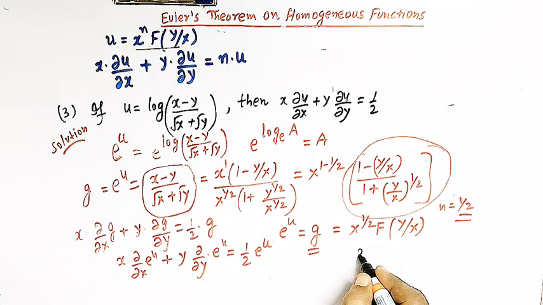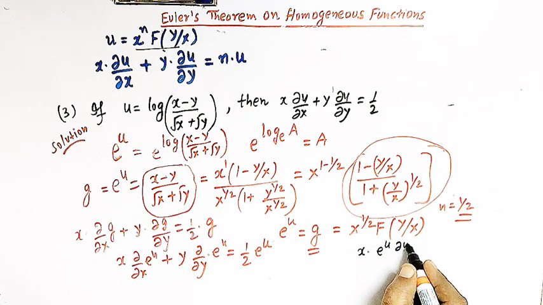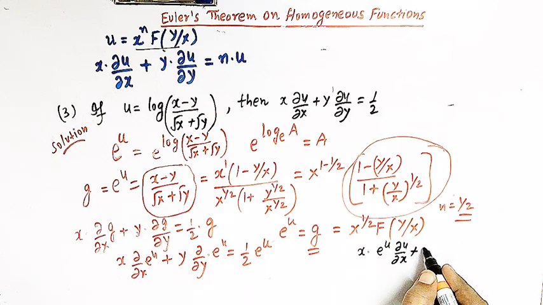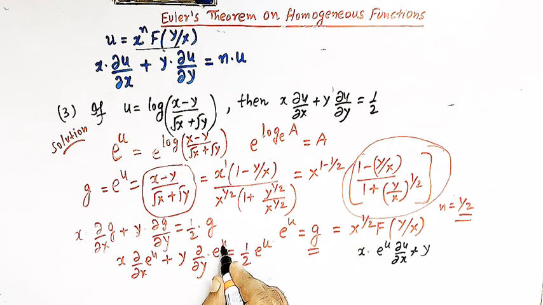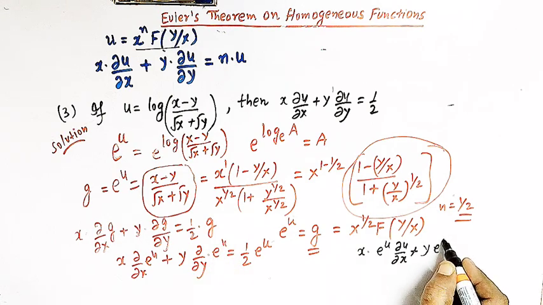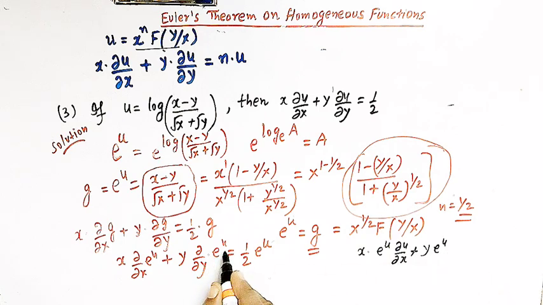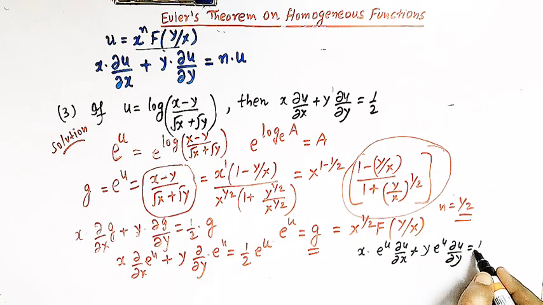We can now write x e raised to u, and then by chain rule we have del u over del x, and here similar is the case with this term. First we differentiate e raised to u with respect to u, so we have e raised to u, and then del u over del y is equal to half e raised to u, right?